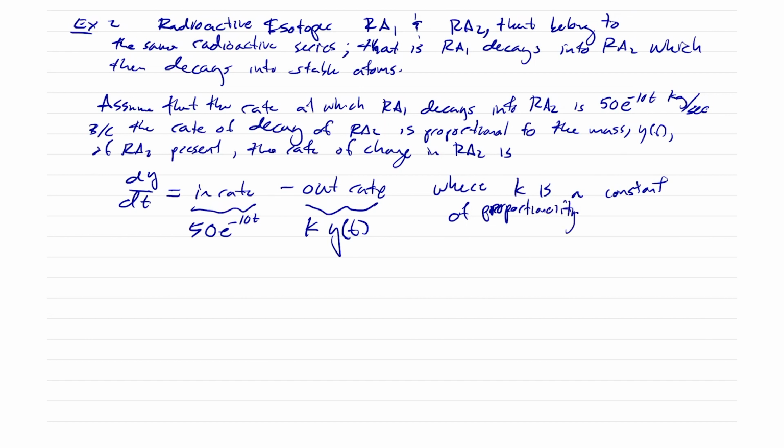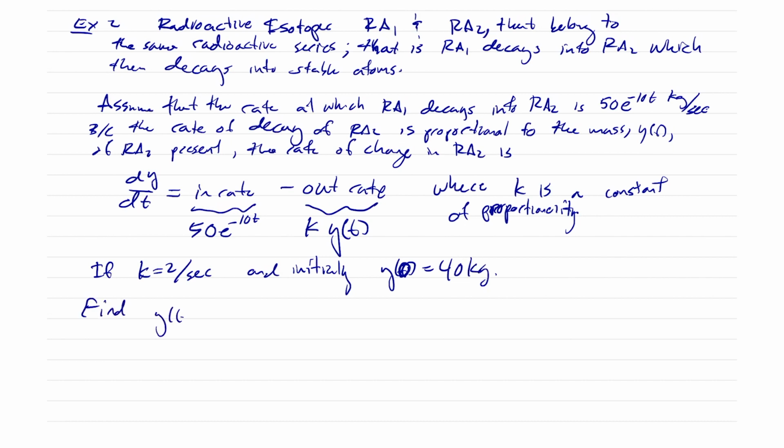So if k is equal to 2 per second, and initially y of 0 is equal to 40 kilograms, find y of t, the mass of Ra2, for t bigger than 0.